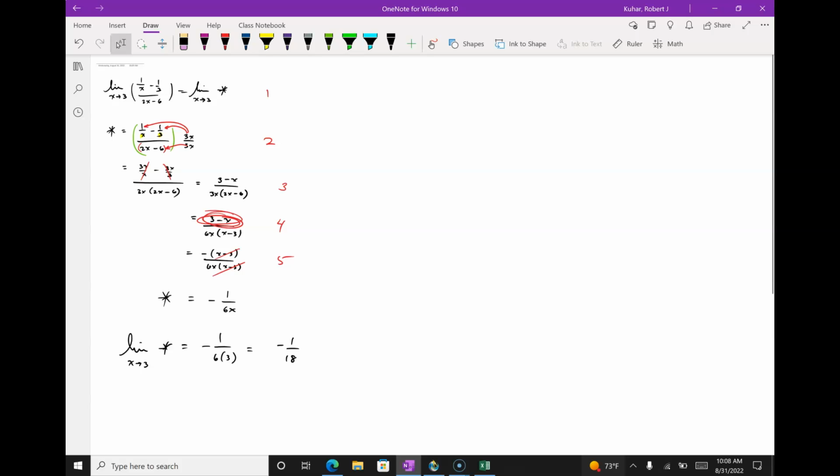My new function has a domain of everything but 0, right? But the point is I have to plug the 3 in here. In the original, I can't be 0 either, right? The domain is not 0, not 3.